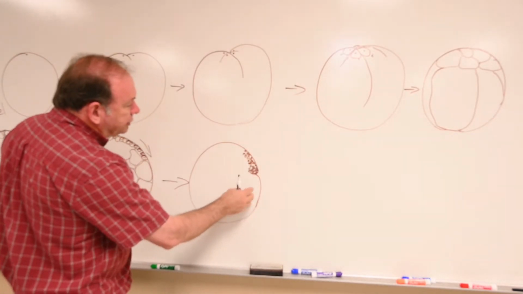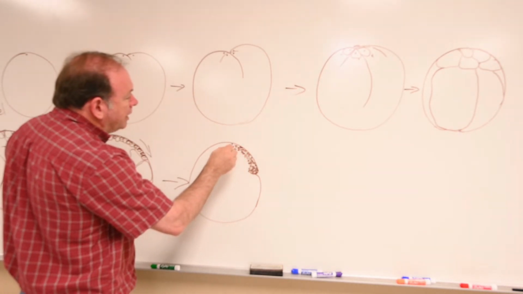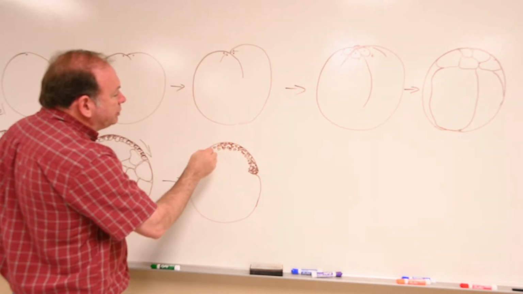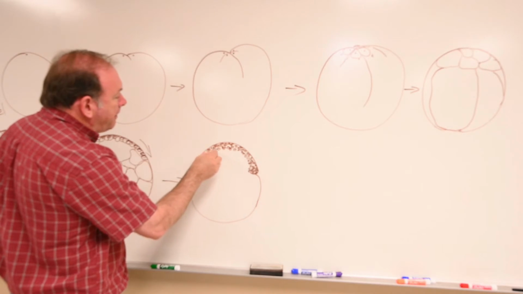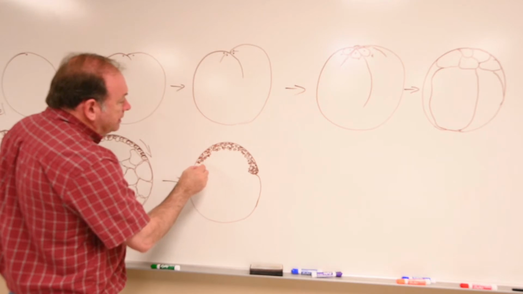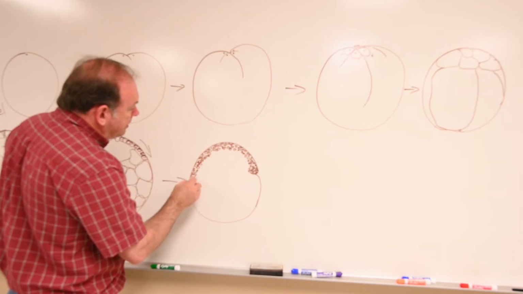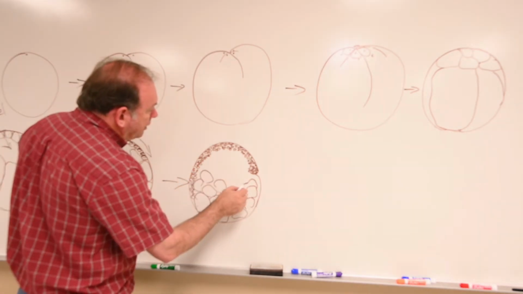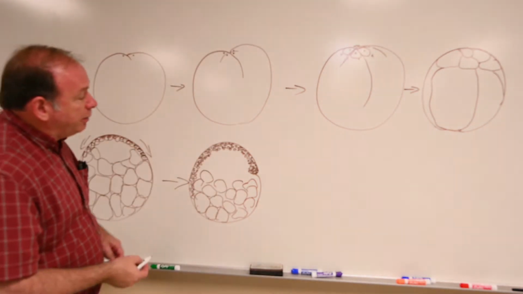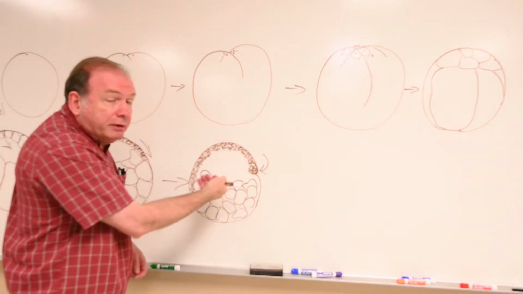So these are larger yolk cells down below. Smaller cells from the animal pole are dividing here and spreading out over the surface of the embryo. We still have our larger vegetal pole cells here, our smaller animal pole cells here. And right here we're seeing an infolding. It kind of tucks in.